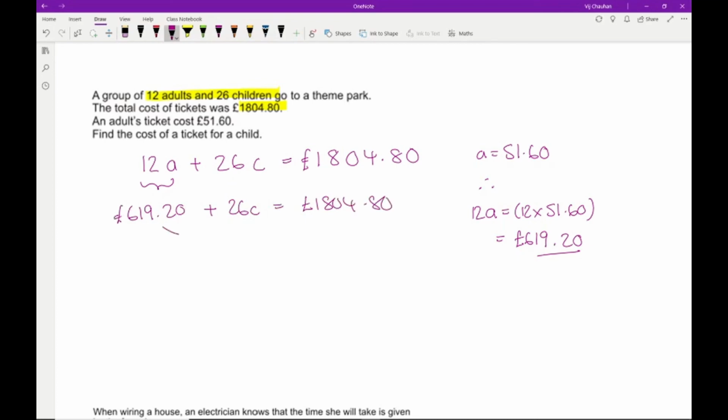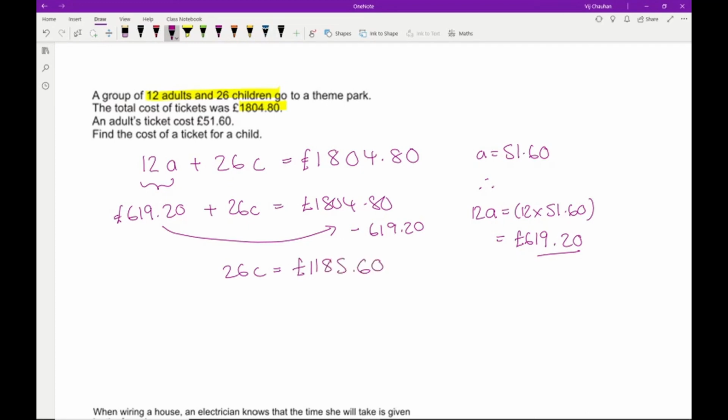So what I need to do is get rid of the £619.20 by taking away 619.20, so the cost of 26 children is going to be 1,804.80 minus 619.20, and I get an answer that the 26 children's tickets cost £1,185.60.